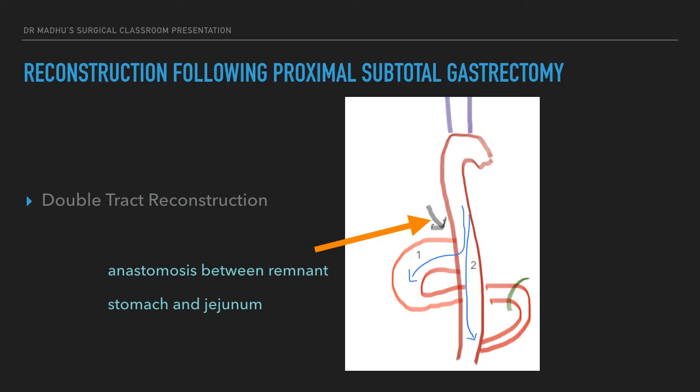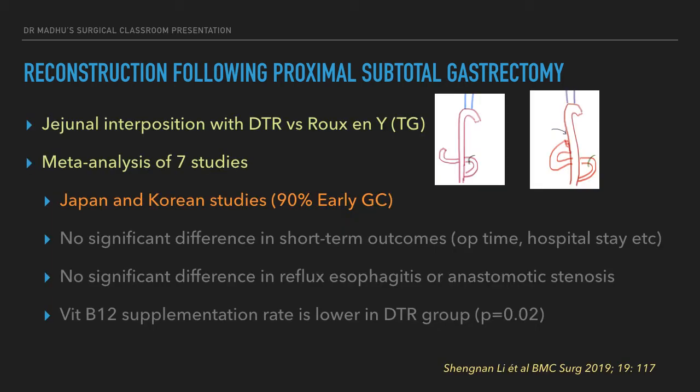So these are the two tracks the food can travel. So that is the reason it is called a double tract reconstruction.